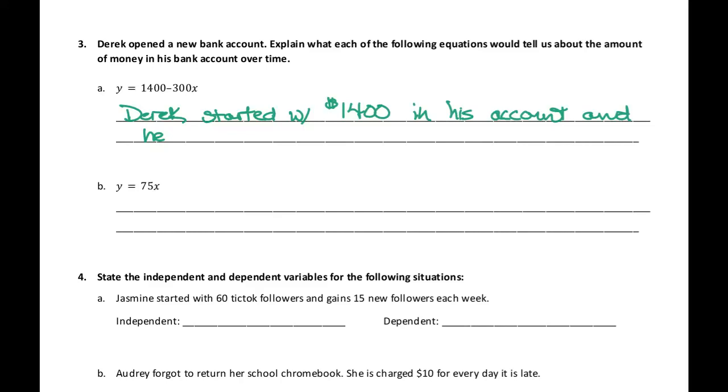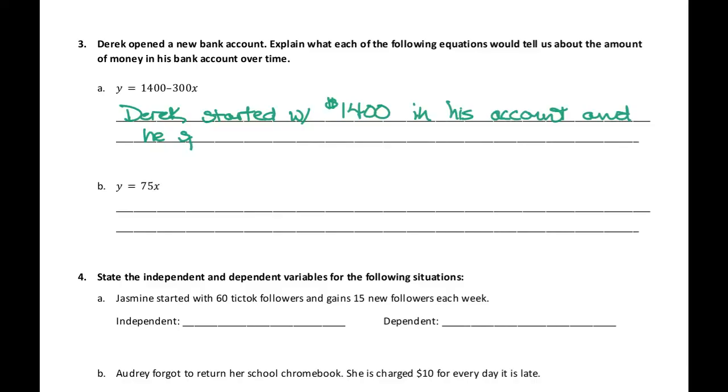Did you say he lost? Okay, so he might have lost it. What might be another word? He spent, he took out, he donated. Any of those are correct. And he could still lose it, but as long as you're showing a negative.